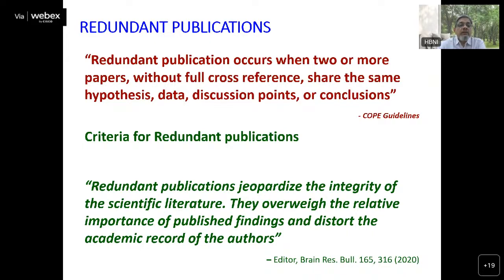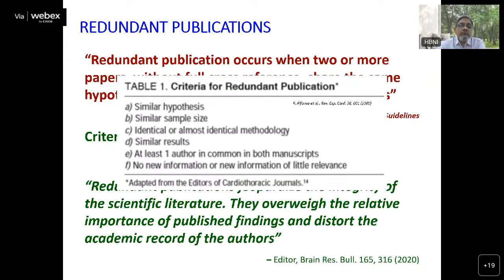So a rough criteria for redundant publications would be that they will have similar hypothesis, they will have similar sample size. What do you mean by similar sample size here? Basically, this refers to biological publications or research, where a sample size would mean, say, number of human beings who are being examined and things like that.